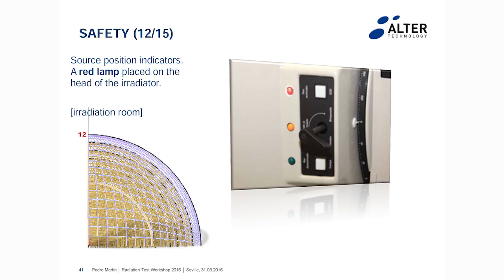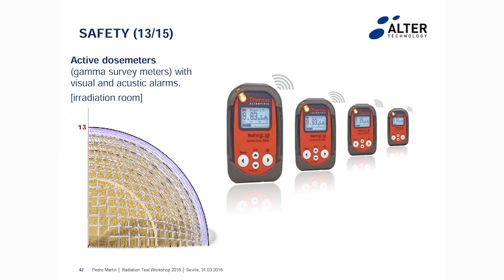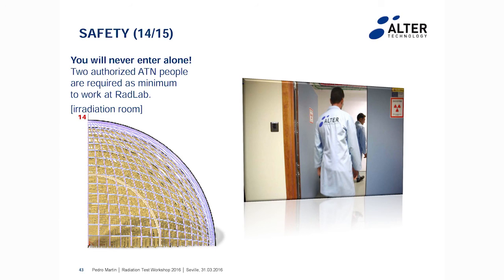Maybe you will see the red lights in the head of the irradiator. If not, your personal active dosimeter with acoustic and visible alarms will advise you about the radiation. If not, if you don't hear it, keep calm.